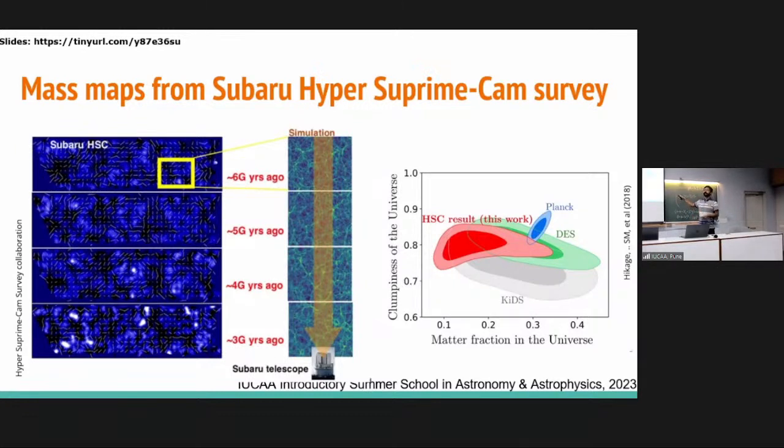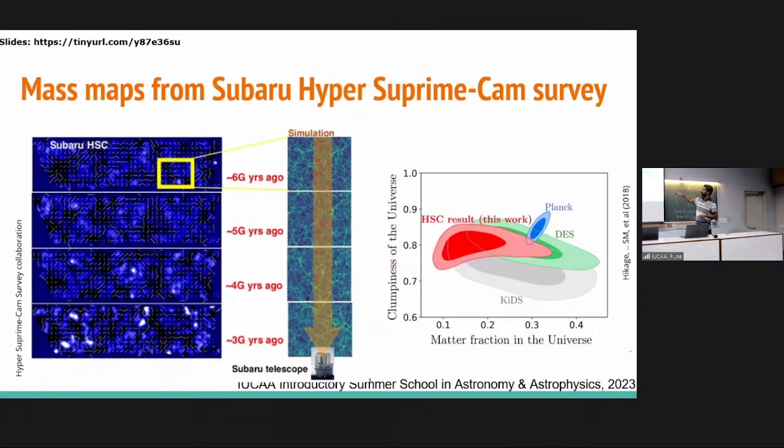Now you don't need simulations to show this, you can see it directly in the maps. Here you can see the fluctuations are fairly tiny at higher redshift than when you come closer and closer. So indeed the structure in the matter distribution is growing and is something that you can directly see.